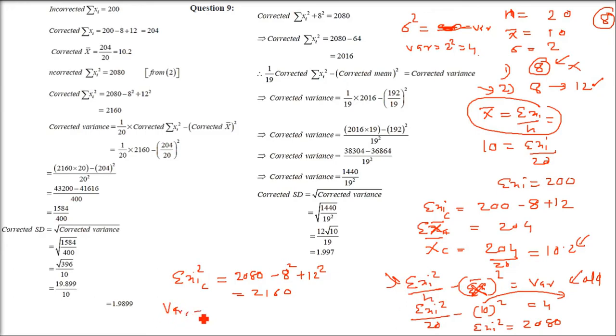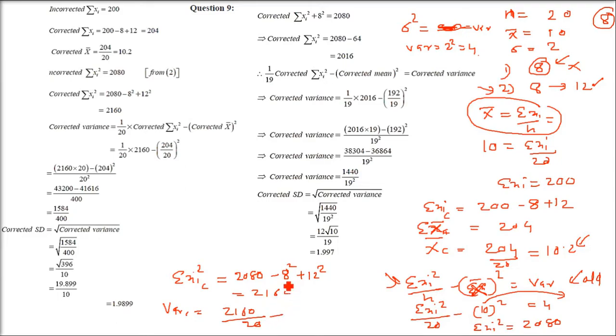But now we are going to put the corrected values. So this is sigma xi whole square by 20, so 2160 by 20, minus the corrected x bar. What was the corrected one?